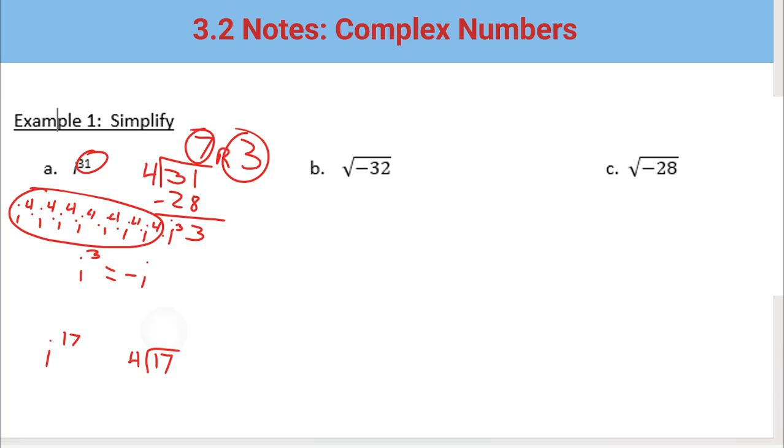Okay, 4 times 4 is 16, with 1 left over. All I need to deal with is this. Okay, this is going to be the same as i to the 1st power, which is just i, or square root of negative 1.